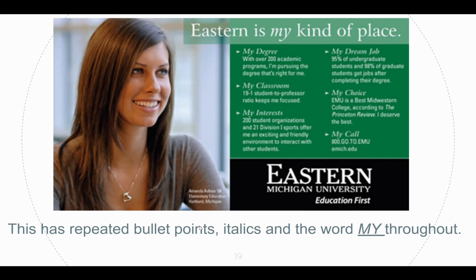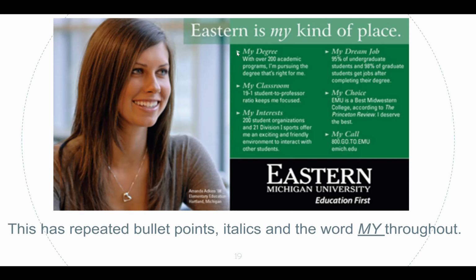This is Eastern Michigan University, and they have a unique sort of ad profile in that they repeat the word "my." They're wanting people to come there and become their college, right? So they're giving you information about my degree, my classroom ratio of students, my interest.